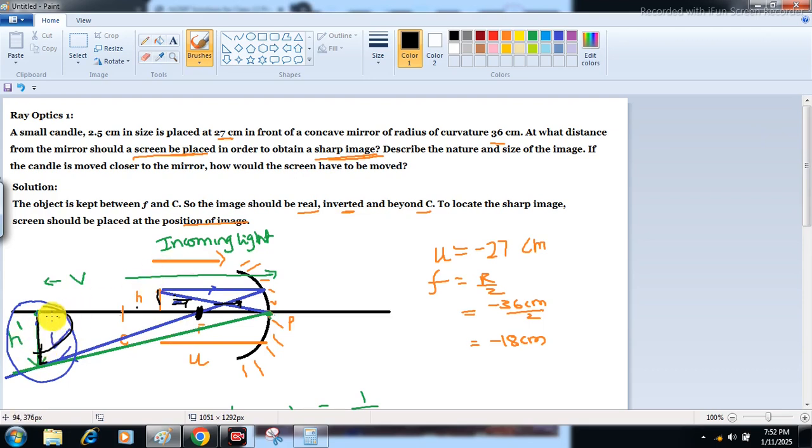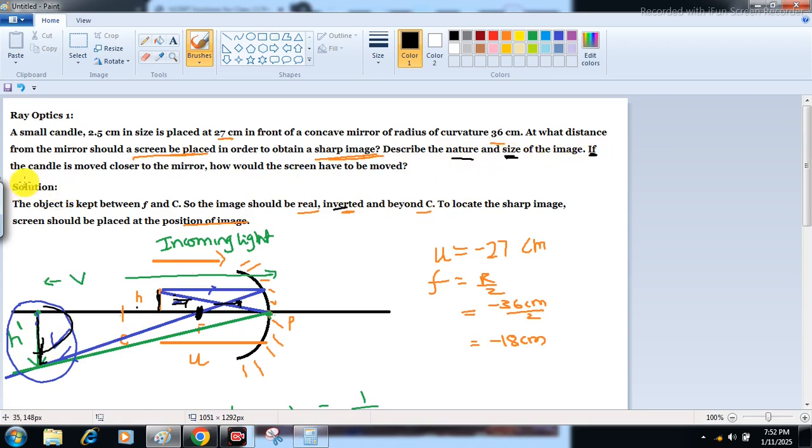And you can see a large image is formed compared to the size of the object, so it is a magnified image. So the nature is a real, inverted and magnified image.